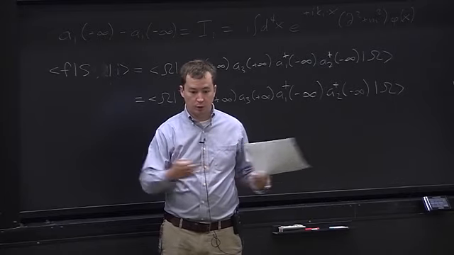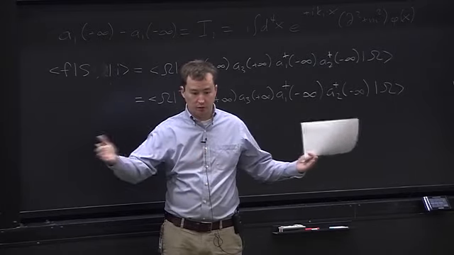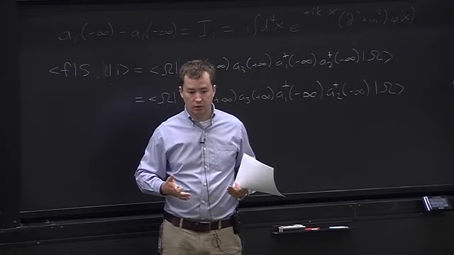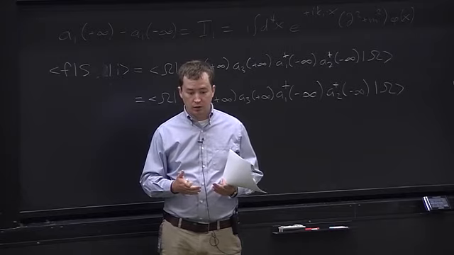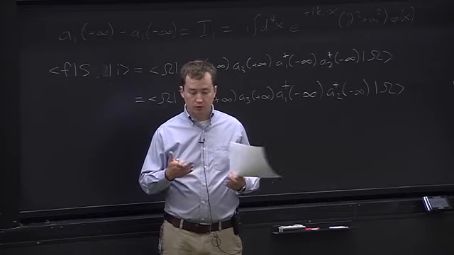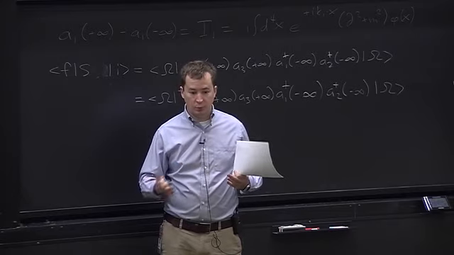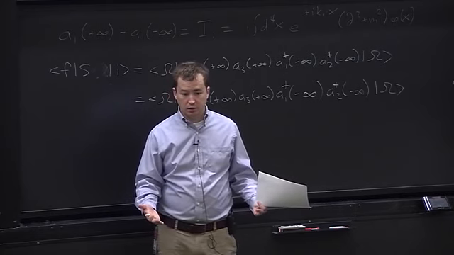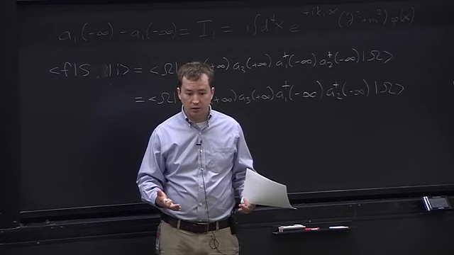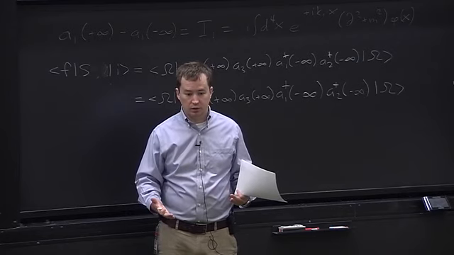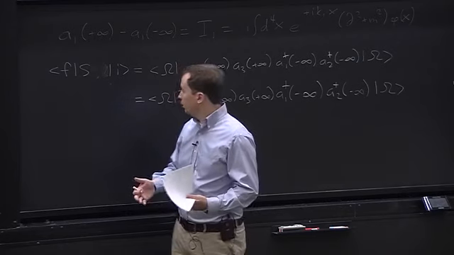There will be some probability that they miss each other, and the final state's equal to the initial state. No scattering, or they could interact, and the final state could be different from the initial state. Those two cases are both easy to distinguish experimentally, and they never interfere quantum mechanically, so we can treat them entirely separately.